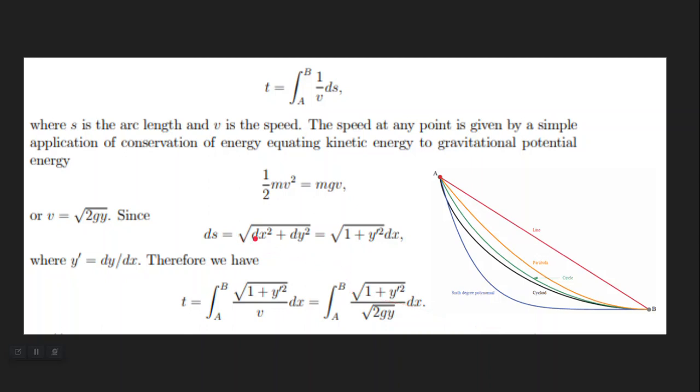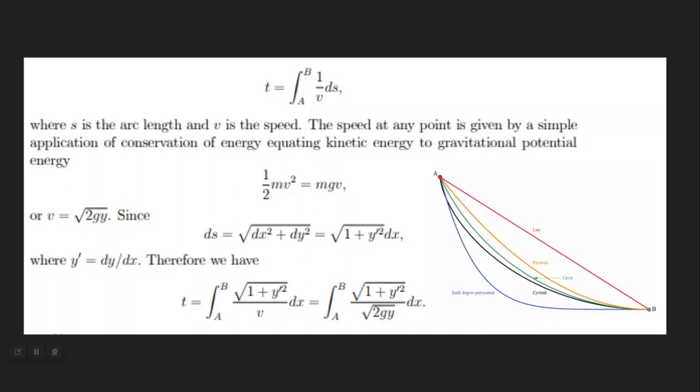And as you take the dx to the bottom and solve it further, you get an equation like this. So you've got the ds, and now I'm going to substitute it back into this equation, and I get something like this. I have t is equal to the integral from a to b of root 1 plus y dash squared by root 2gy.